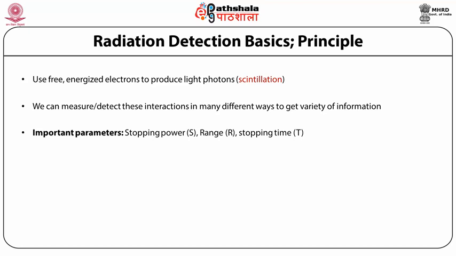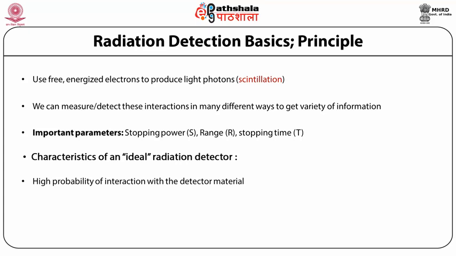These are the three important parameters which are crucial in choosing a particular material to make radiation detectors. A characteristic of an ideal radiation detector is that it should have a high probability of interaction with the detector material. That is, the material should be such that its probability of interaction with the incoming radiation is high.